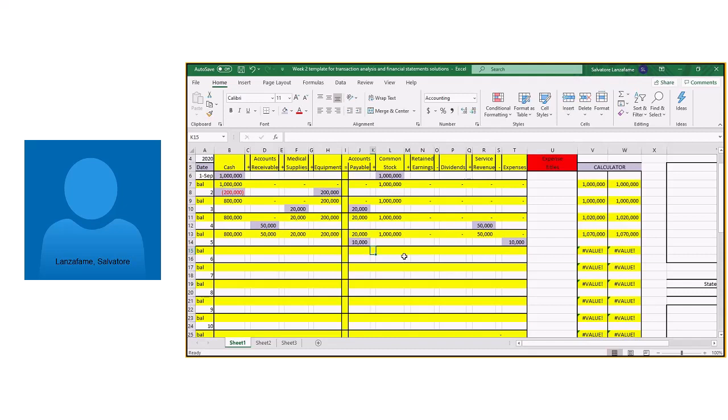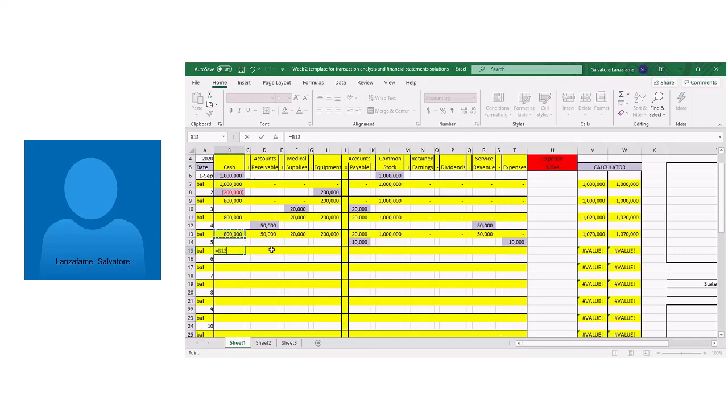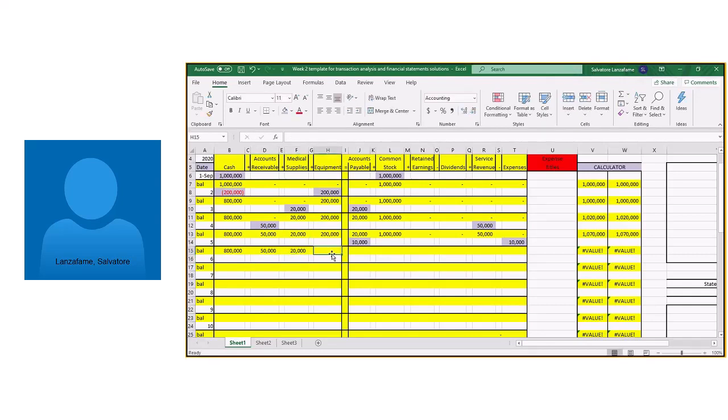Your textbook took 10,000 away from retained earnings, because expenses ultimately make your retained earnings go down. So let's update the balances. Still have $800,000 in cash, $50,000 in accounts receivable, $20,000 in medical supplies, and $200,000 worth of equipment. My debts have gone up.